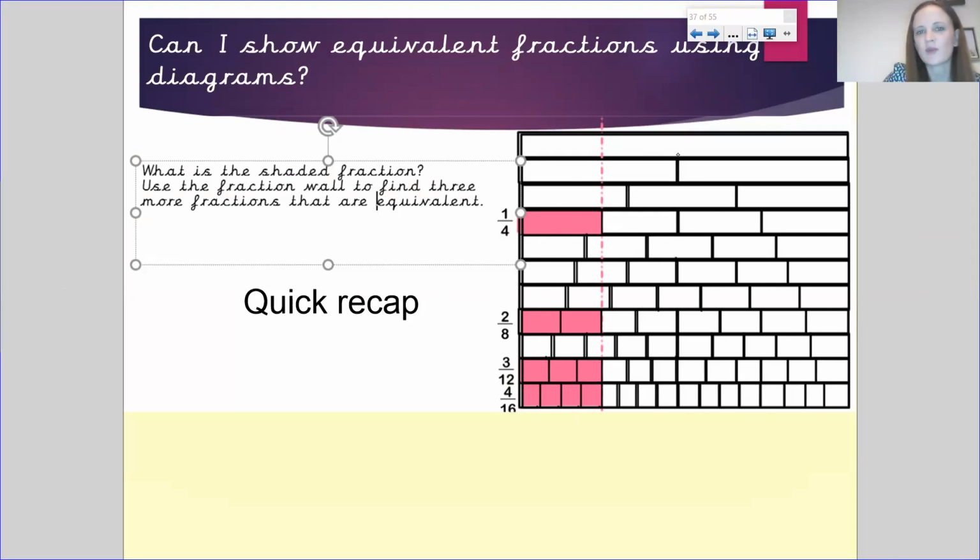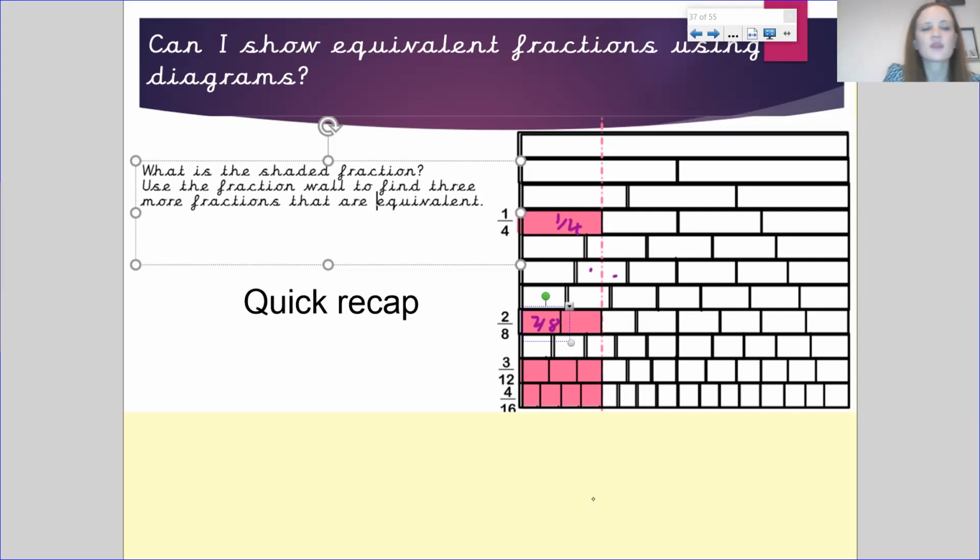Remember what I said to you about following the lines down the page so you could find equivalent fractions? If it cuts through like this one, it's not an equivalent fraction. But if we're looking at this quarter here, and I follow my line down, I can see that it is the same as 2/8. It is the same as 3/12. It is the same as 4/16. And we could go on with more as the fraction parts get smaller.